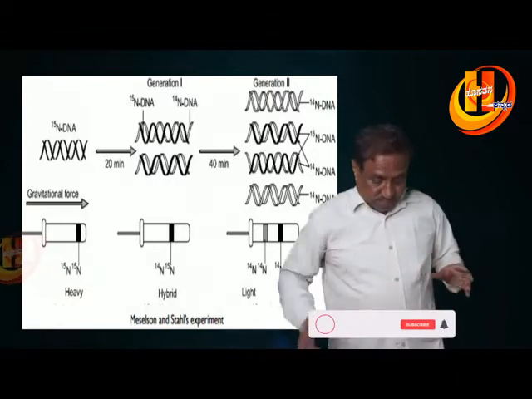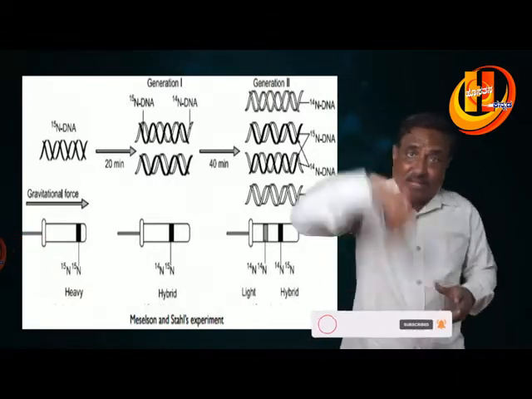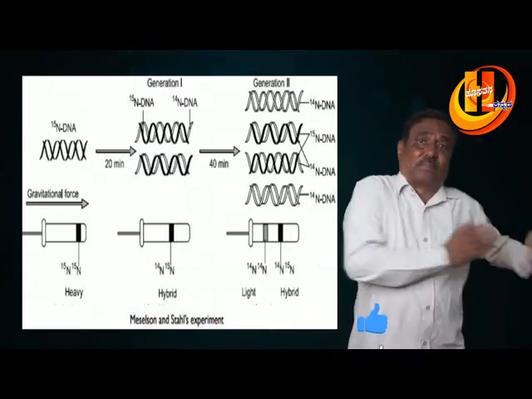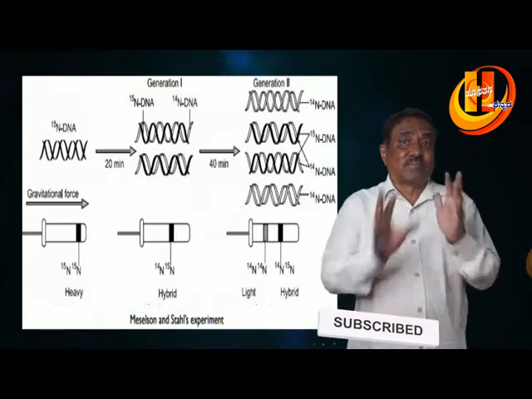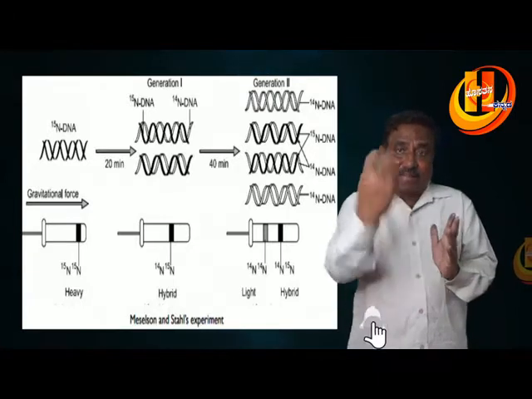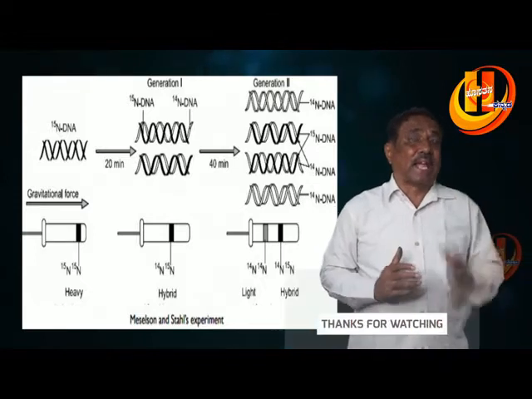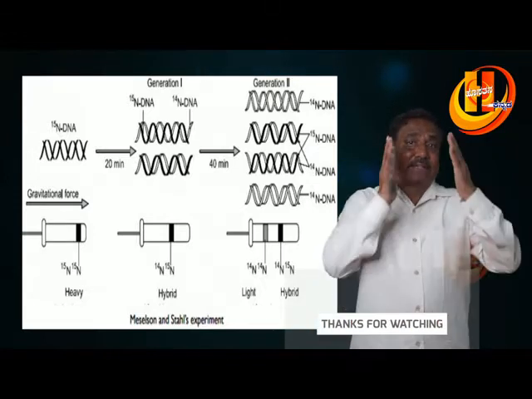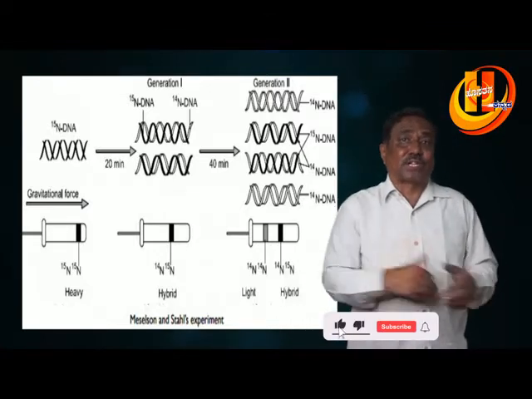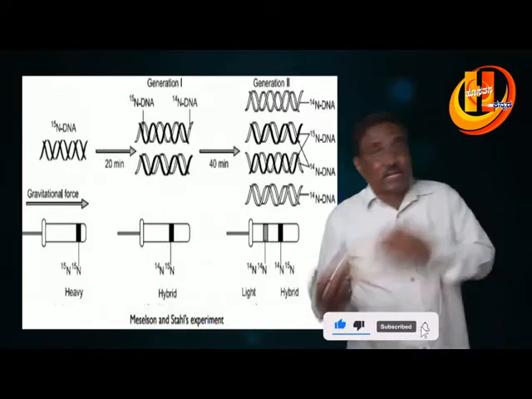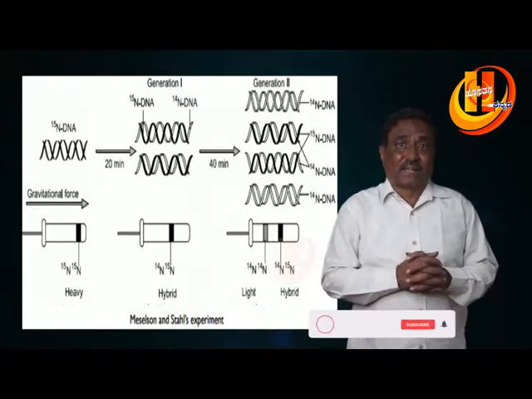So we know everything: bacteria divide every 20 minutes. When Escherichia coli was placed in NH4Cl N15, the nucleic acids absorbed this N15 and incorporated it. After this, they shifted the Escherichia coli to the solution containing N14 NH4Cl.